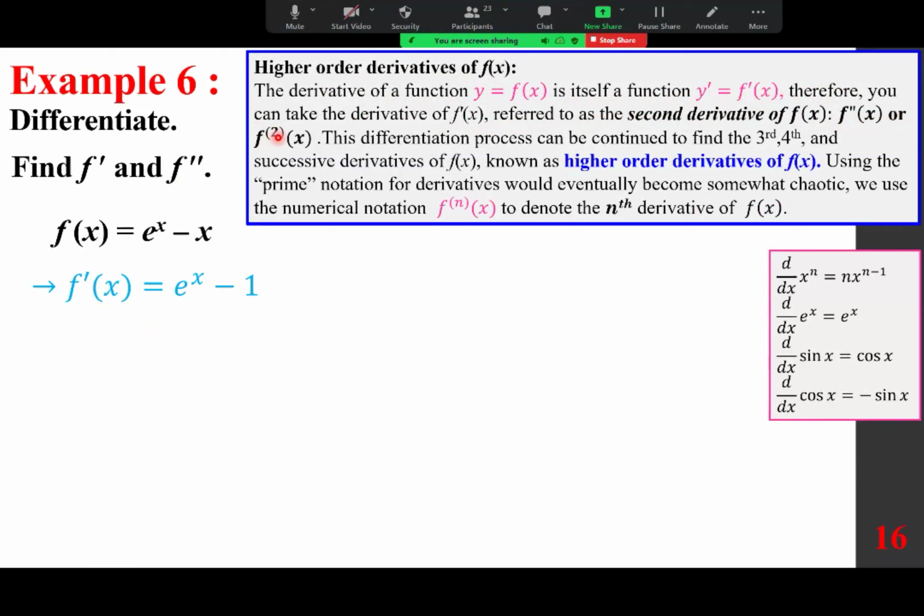It looks like an exponent but it's inside the parentheses. I'll explain it in a moment. This differentiation process can be continued to find the third, fourth, and successive derivatives of f of x, known as higher derivatives of f of x.